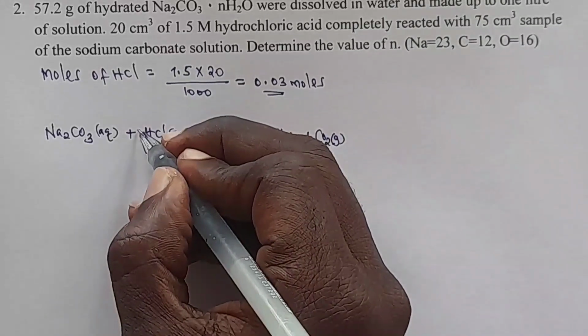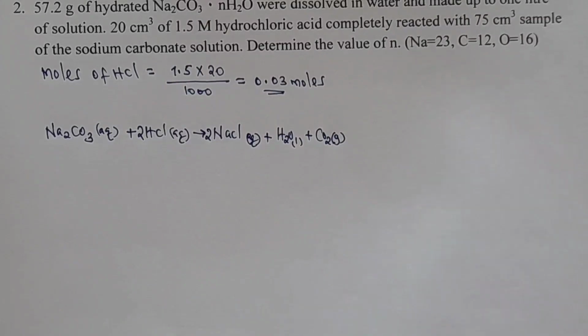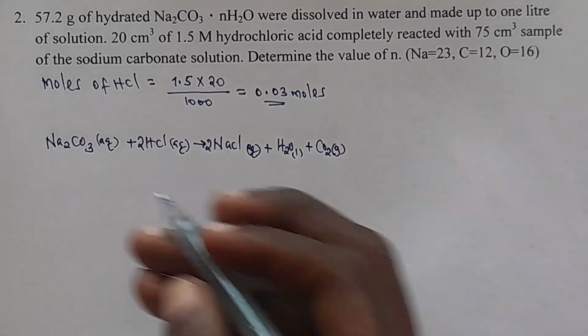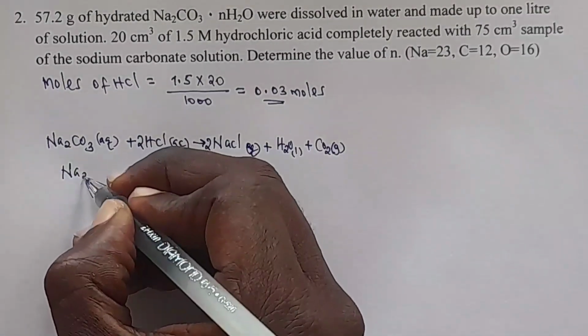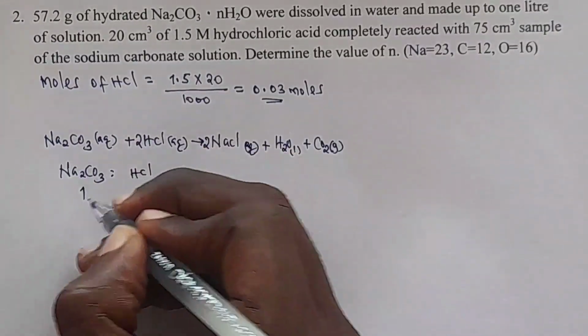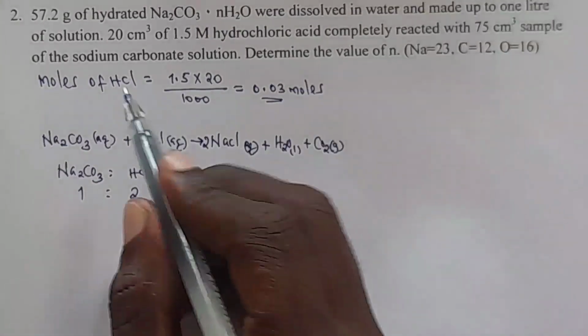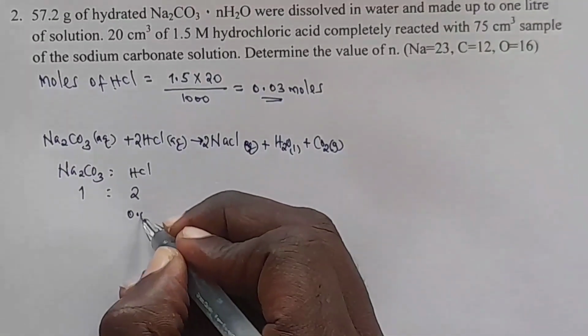We have to balance the equation by putting 2 there and also 2 on the side of sodium chloride. So next, let us see the mole ratio between sodium carbonate and hydrochloric acid. So it is 1:2.